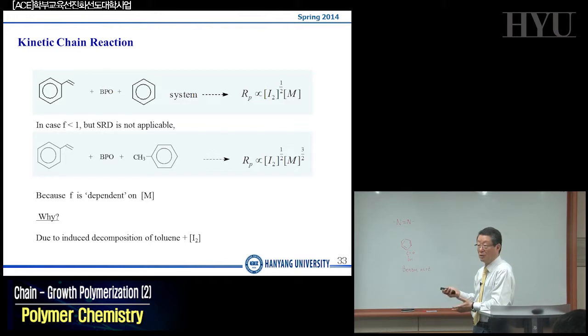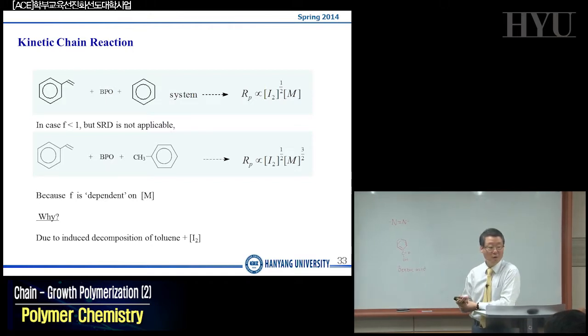So in some cases, it changes a little bit. And why? Because the toluene containing the methyl group will influence the induced decomposition of your initiators. Okay? So the benzene system and toluene system will affect the initiator efficiency factor and the decompositions. So the monomer concentration dependence will be changed in this case as well.